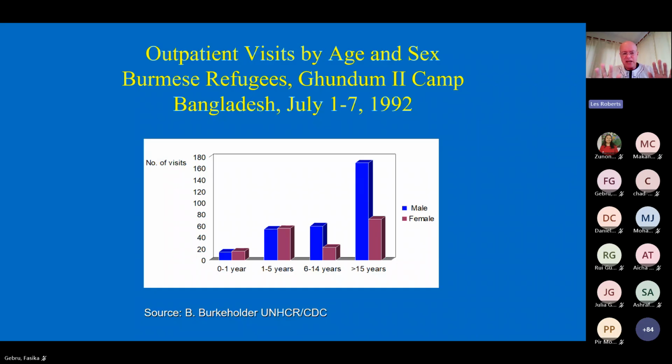This is slightly different dates, but there were more boys being taken to clinics than girls. So he did some sort of exploration with key informants, had a couple focus groups, and it was abundantly clear that this population valued boys more than girls, and you had to pay a $1 fee to take your child to this MSF clinic. And MSF was mad as hell about this, of course.